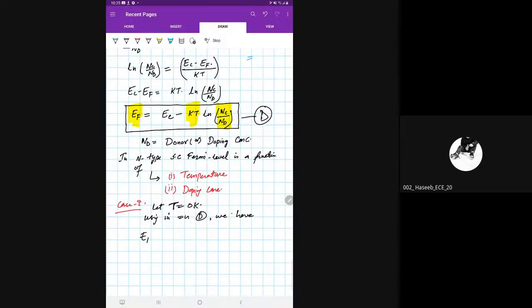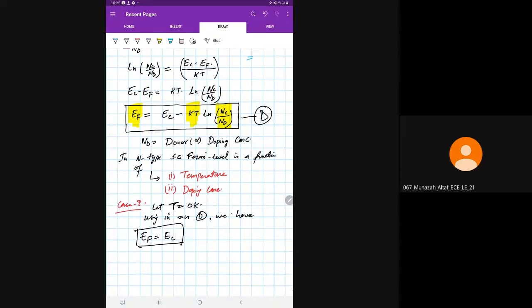If we substitute T equal to 0 in equation D, what will EF be equal to? T is 0, so KT will be 0. Yes, it is equal to EC. Very good.